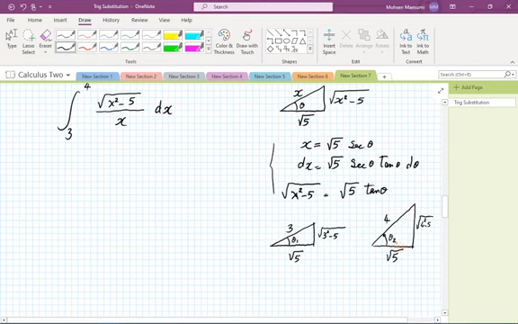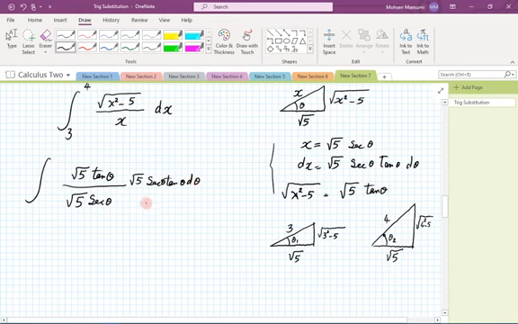So my integral now, my radical becomes radical 5 tangent of theta. X is radical 5 secant of theta. Dx is again radical 5 secant of theta tangent of theta d theta. This is all exactly as before.